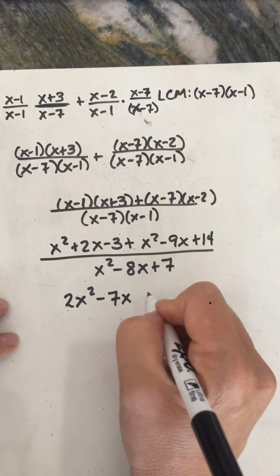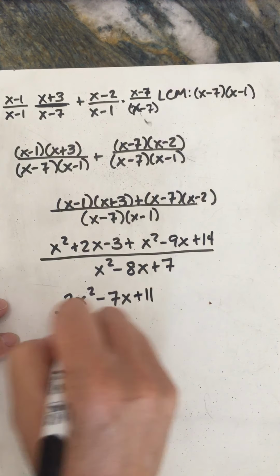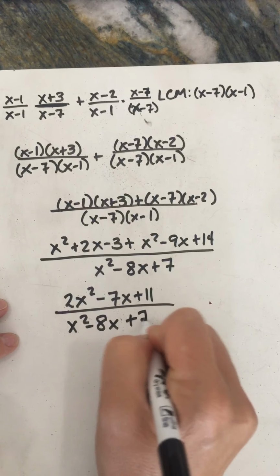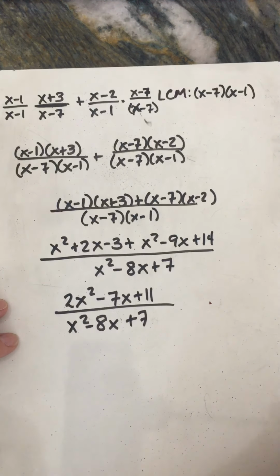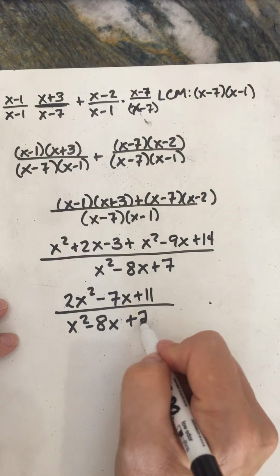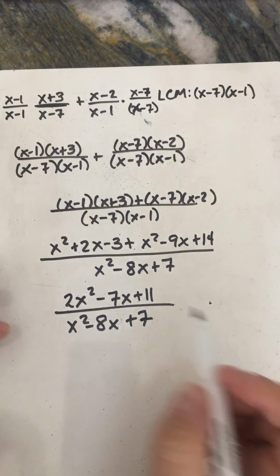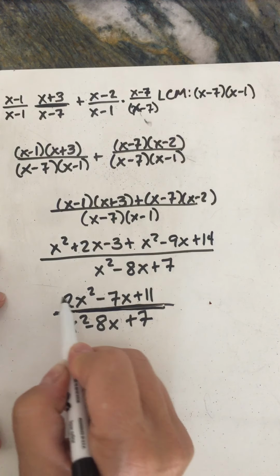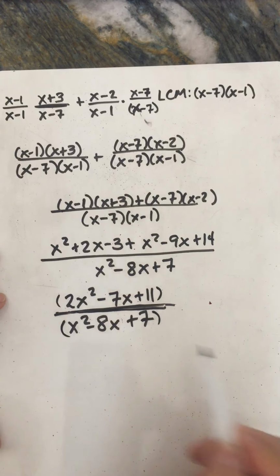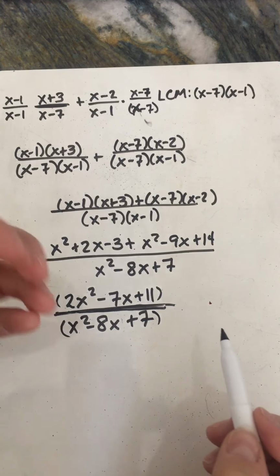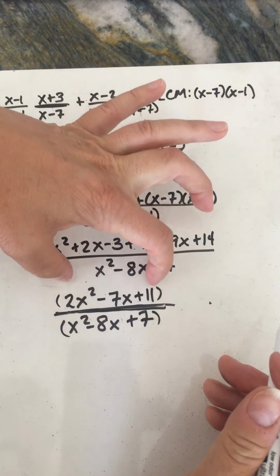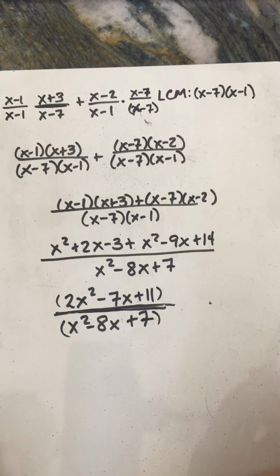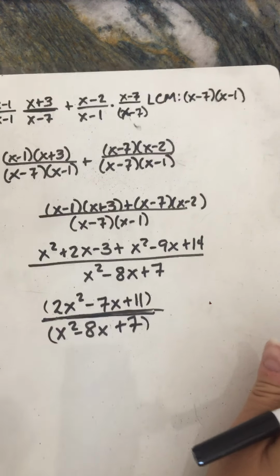And we have 11 constant. And then x squared minus 8x plus 7. So do we divide out the x squareds and the x's? No, I will shave off your eyebrows in your sleep. Remember, the parenthesis is a grouping symbol, okay? So that means these guys stay grouped. The only way we could divide things out is, hey, if there was a GCF up here and a GCF in the denominator, and we could reduce that. But it's got to stay this way.